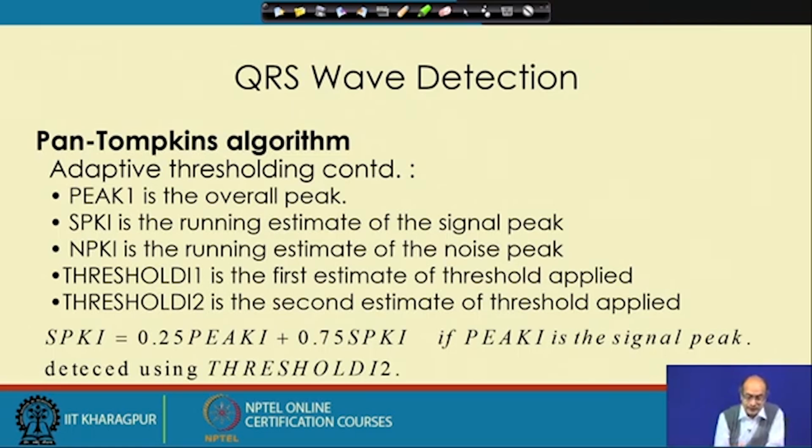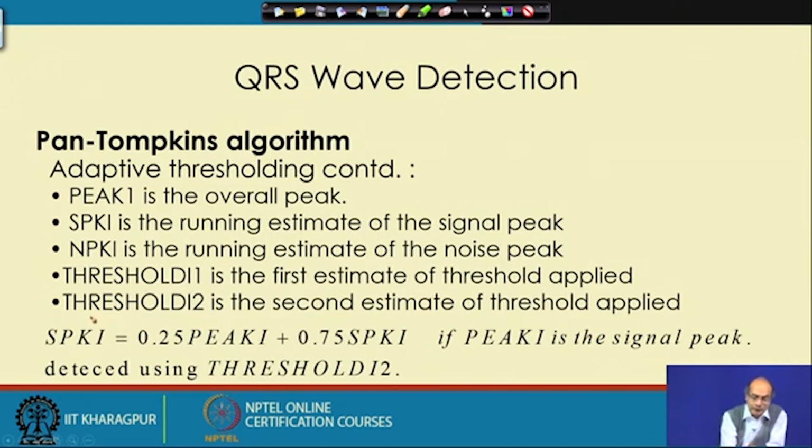If we miss a peak by threshold 1, that means a time has passed and we could not get any peak above threshold 1, then we fall back on threshold 2 and try to find out whether we can get any peak.